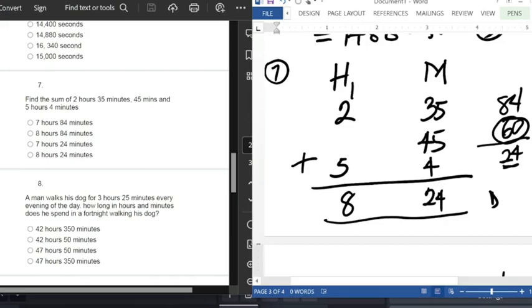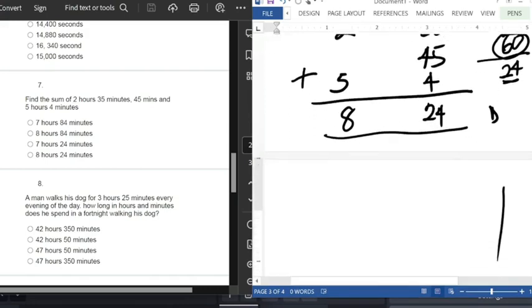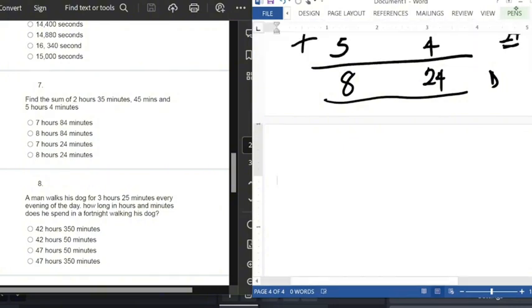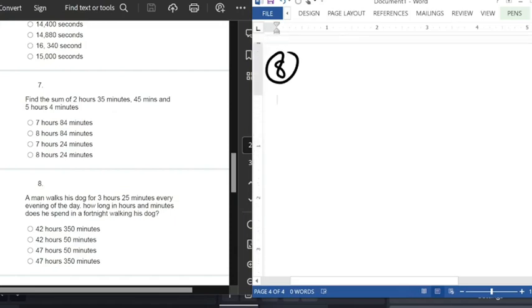All right. So we look at the next one. Question number 8. A man walks his dog for 3 hours 25 minutes every evening of the day. How long, in hours and minutes, does he spend in a fortnight walking his dog?